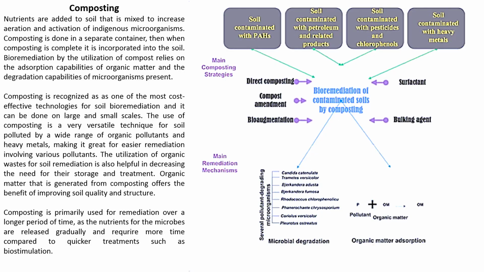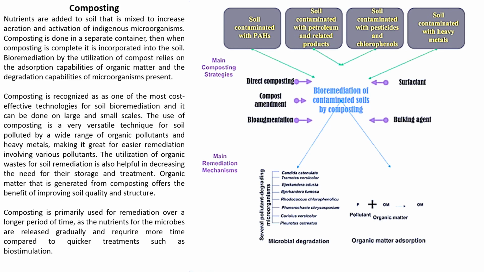Okay. So we have the next ex-situ technique, which is composting. Most of you are familiar with how vermicomposting is done. We know that it is done using earthworms. We decompose organic matter into simpler substrates, which are readily available for plant growth. Here the concept is very much the same.